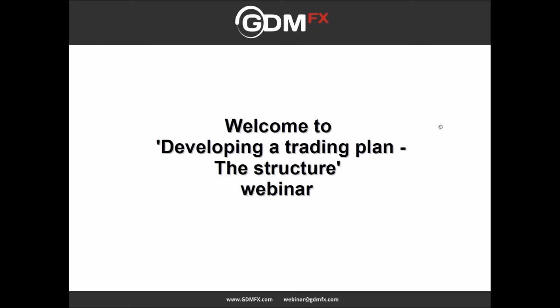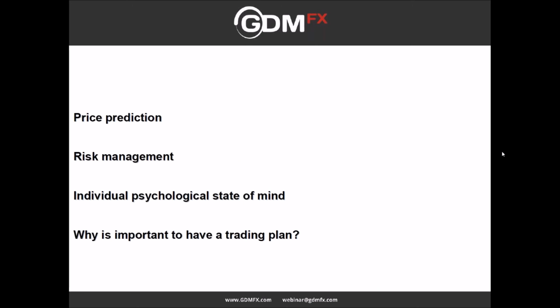Now let's have a look at the first few points that we'll take a look at before we move strictly to the structure itself, the individual blocks that we'll also focus on.